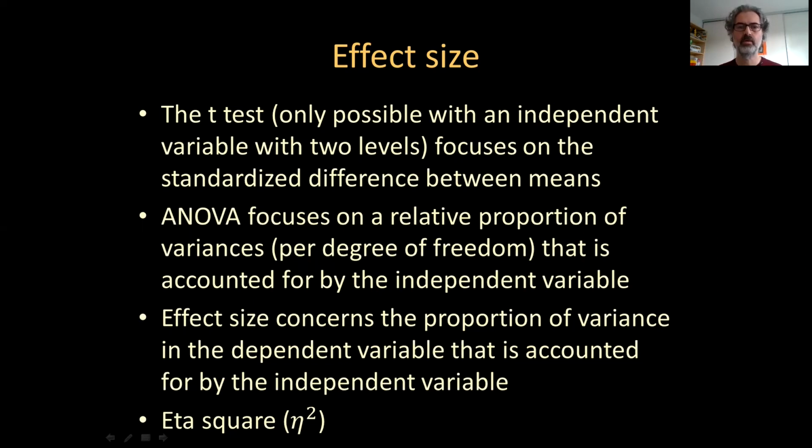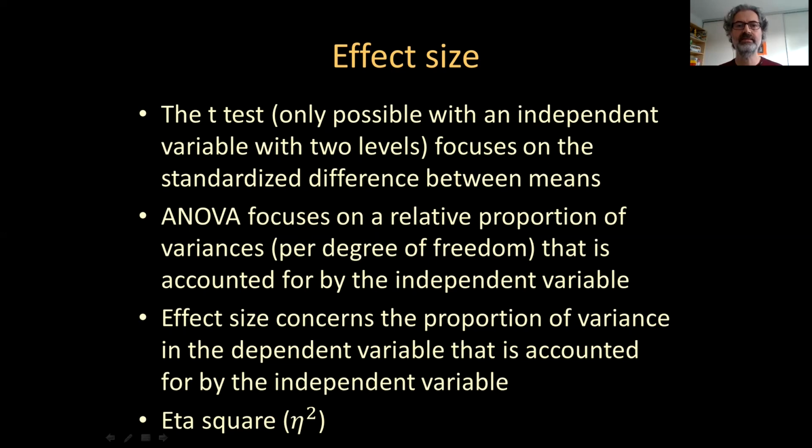In the ANOVA, we do not focus on the group means, on their values themselves and their differences. Instead, we are concerned with the sums of squares, which are indices of variation in the data in comparison to the means. So they're indices that have to do with how far the data values are from the means.